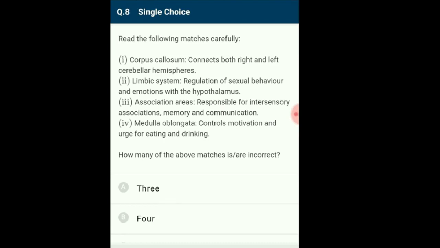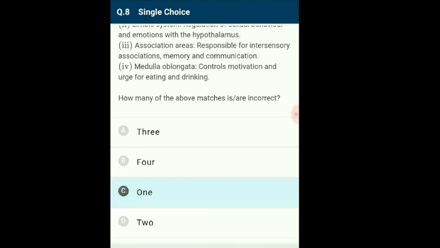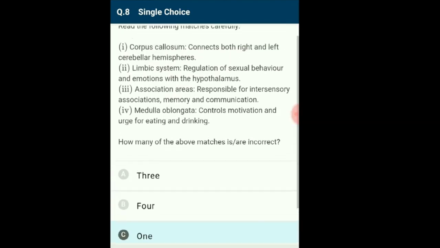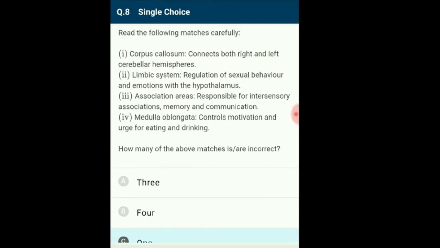Regulation of sexual behavior and emotions is controlled by the hypothalamus and amygdala of the limbic system. The medulla oblongata regulates several functions of the autonomic nervous system such as respiration, cardiac function, vasodilation, and reflexes like vomiting, coughing, sneezing, and swallowing. So the answer for this question is option C. From the given 4 statements, only one statement is incorrect.